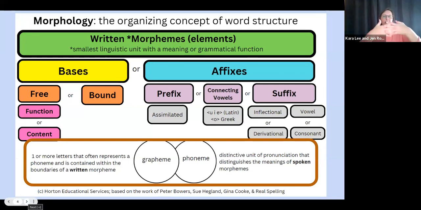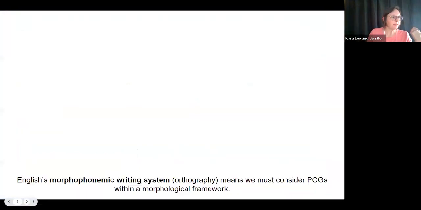We're very good at talking about phoneme-grapheme correspondence and how those two things overlap, but we don't always situate it correctly within the broader system of morphology, which is where it should be situated, because as Louisa Moats tells us, we have a morphophonemic orthography, meaning sound and meaning are both coded in the written language. Okay, so take a look at these.